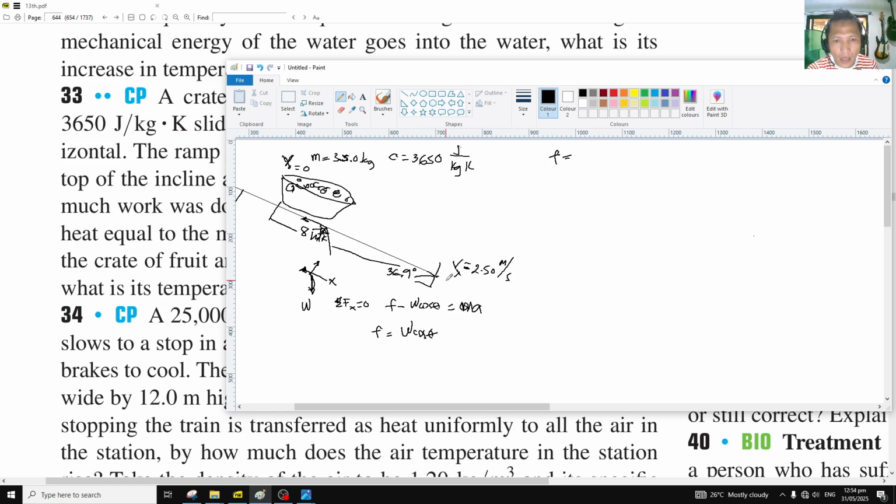Because acceleration is a vector quantity, consider the displacement. Work is equal to force times displacement s. For the work to be positive, the force should be along the displacement.